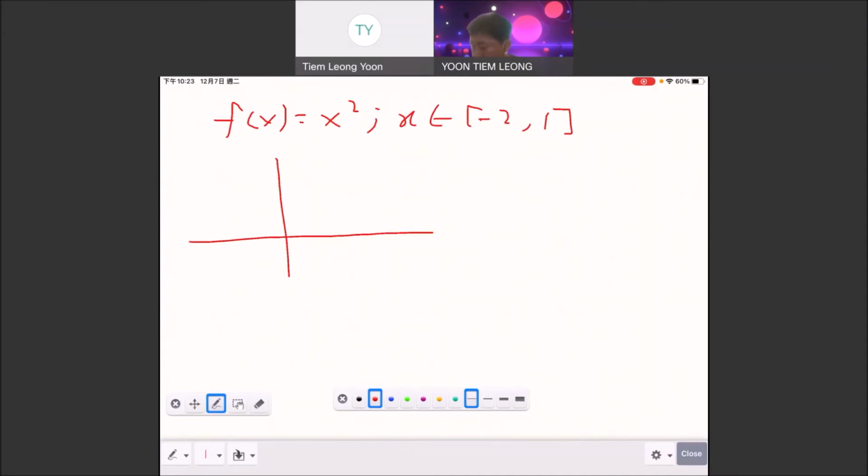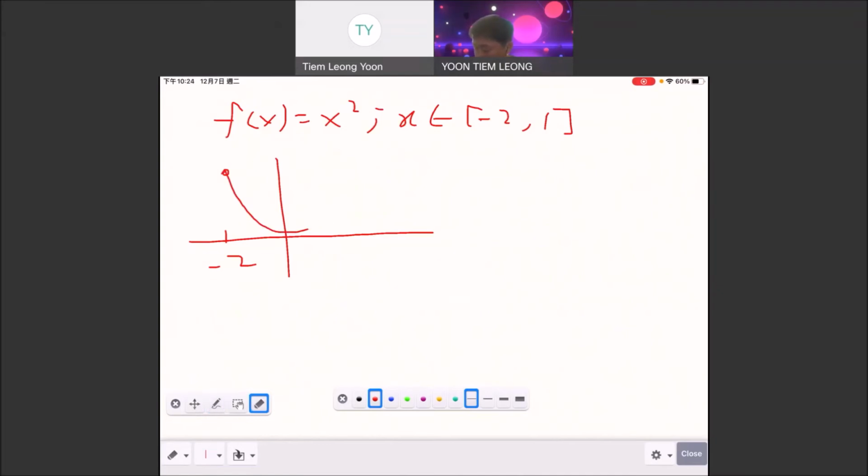So the function will look like this. It starts at -2, then the function x squared, from -2 to 1, will look something like this, and it goes to 1. Okay, maybe I should draw this more carefully.